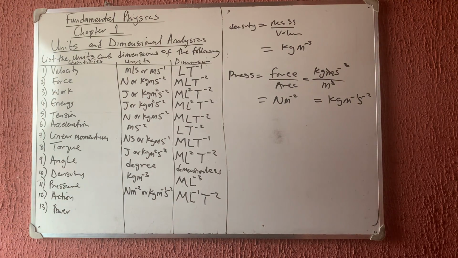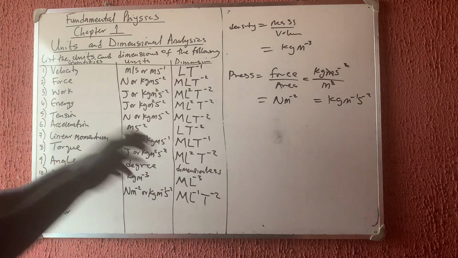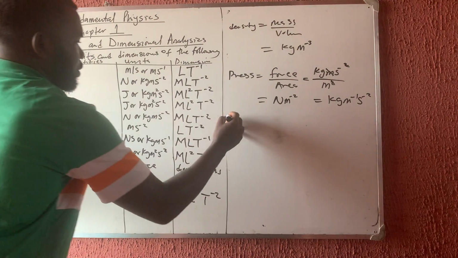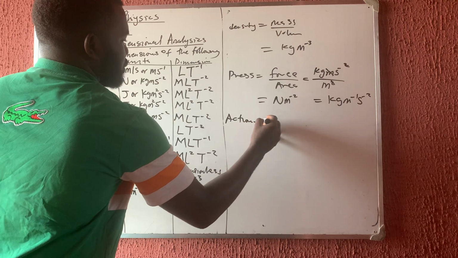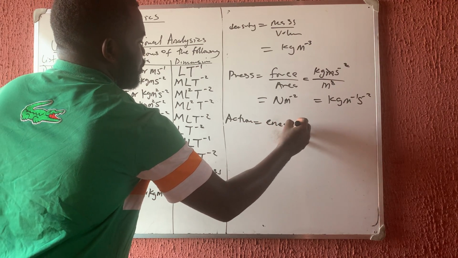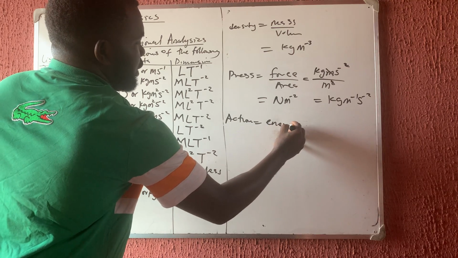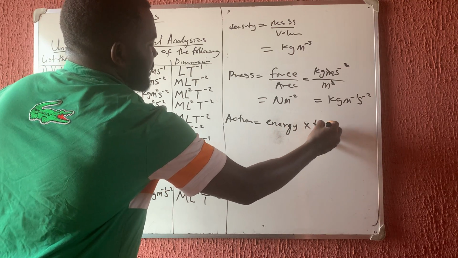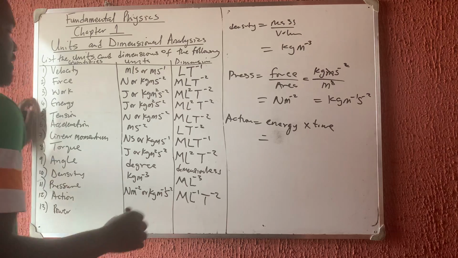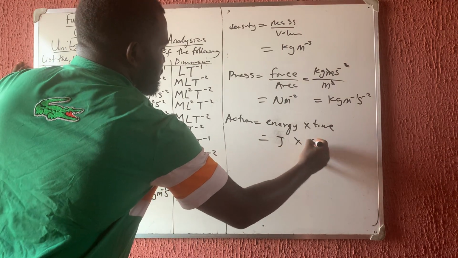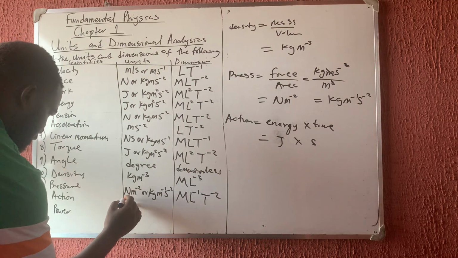So the next one is action. The dimension of action. Action means energy times time. The energy we put in a particular time is called action. So energy times time, and energy is measured in joules times time, which is joule second.